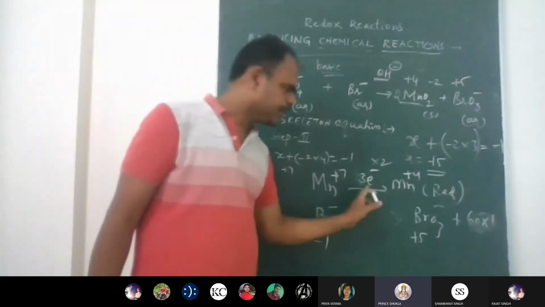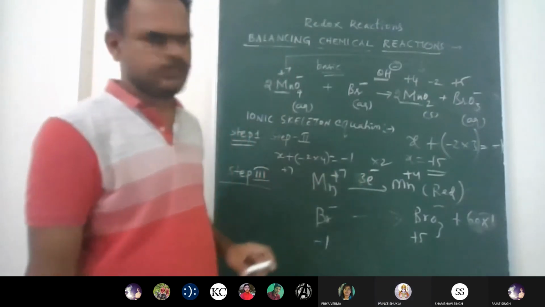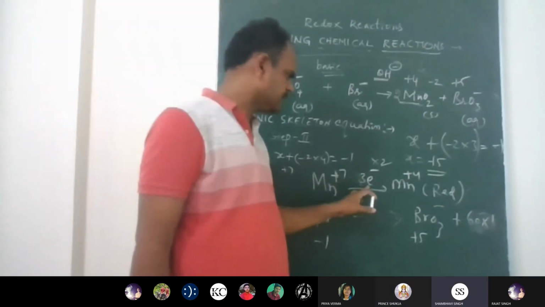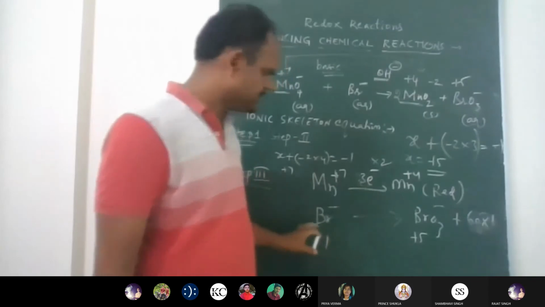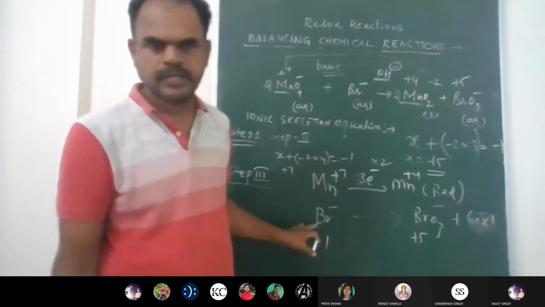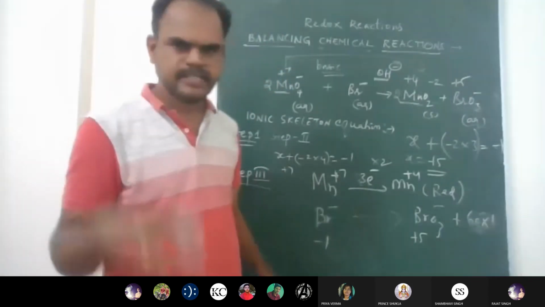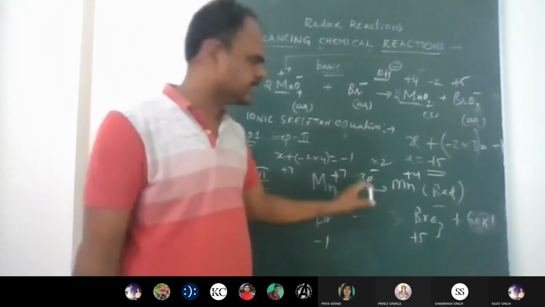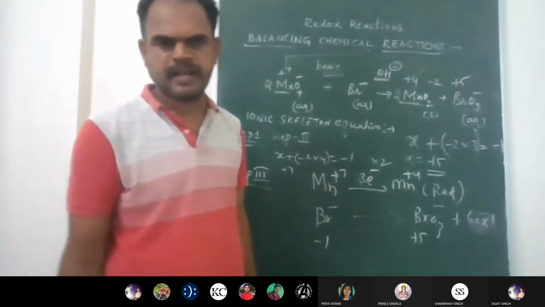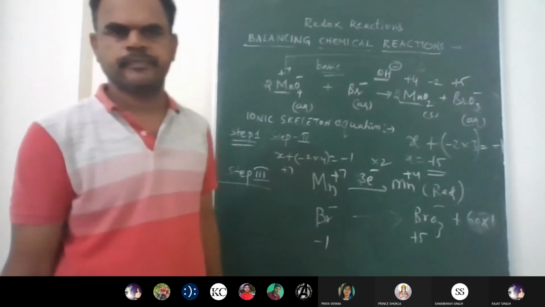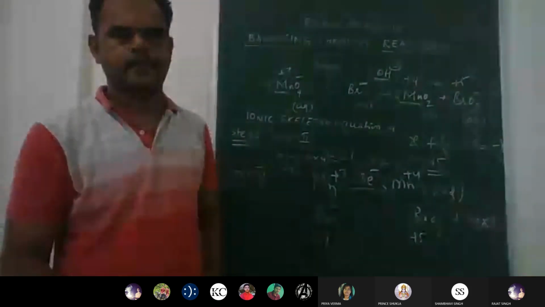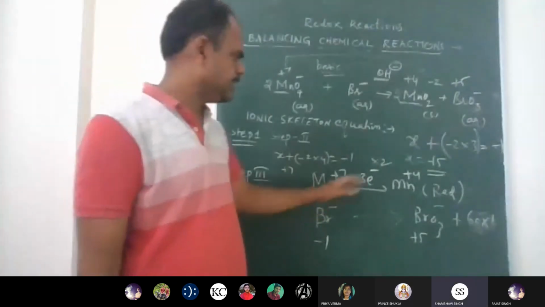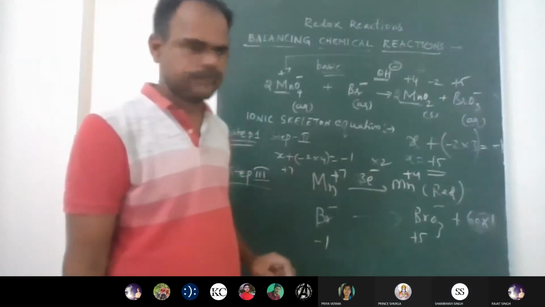One manganese is gaining 3 electrons. Bromine is providing 6 electrons, but manganese is only taking 3 electrons. Then we will have to take a second manganese. So that is why I am multiplying with the integer 2.